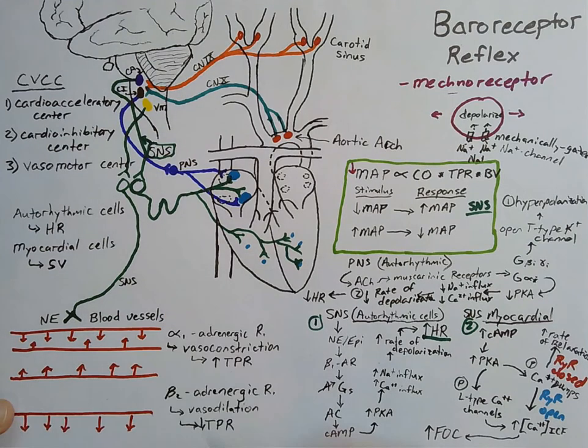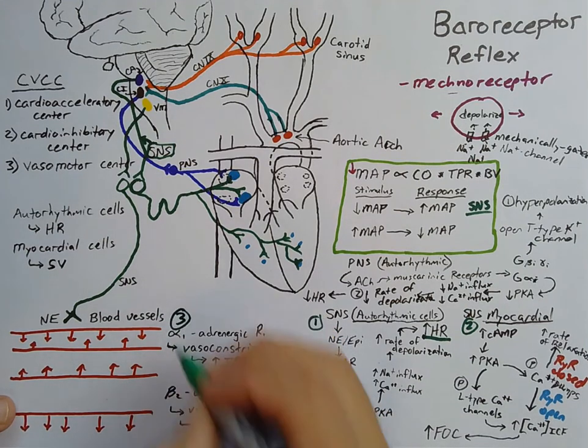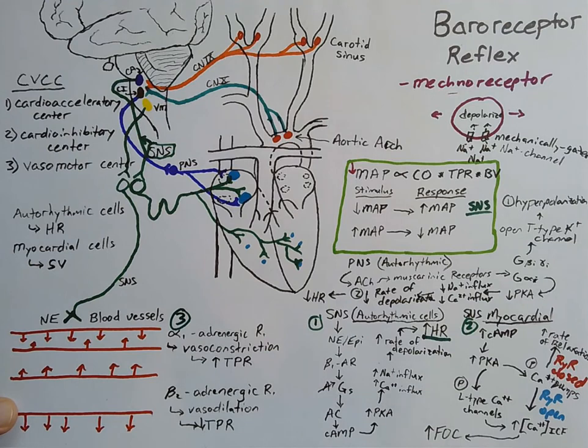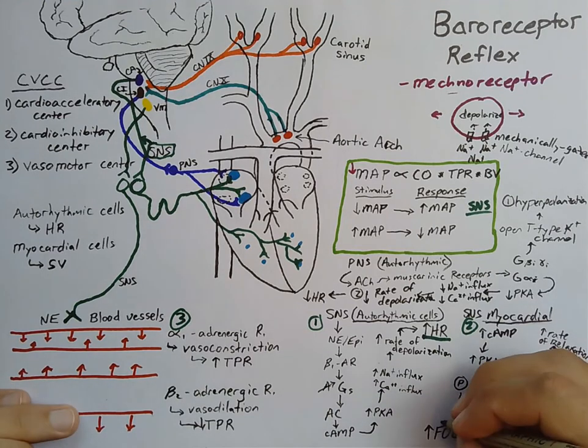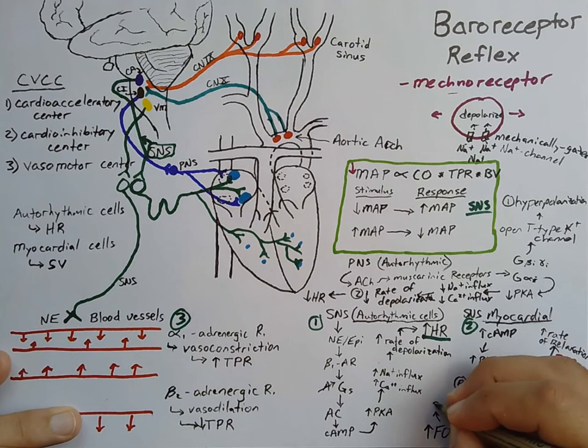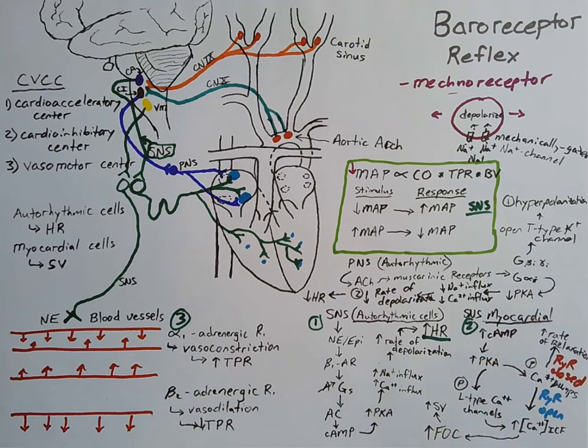Three, we're going to go down to these blood vessels, and the alpha-1 adrenergic receptors are going to vasoconstrict, thus increasing TPR. Wow. So heart rate, stroke volume, and I actually didn't finish that off over here. Let's write that in just so it's there. Force of contraction is related to stroke volume. So we'll go ahead and underline that in green too.